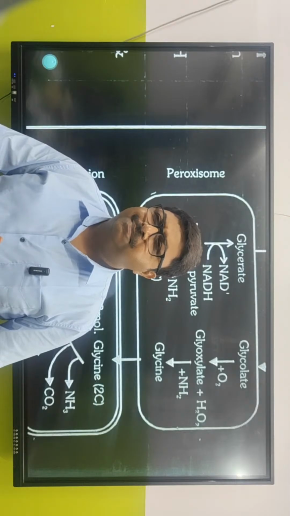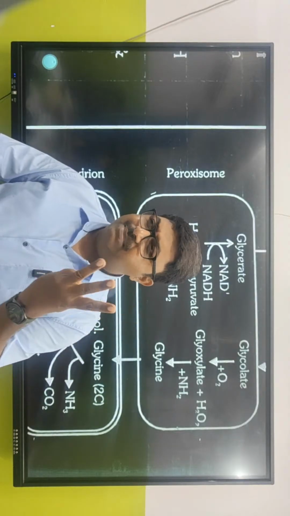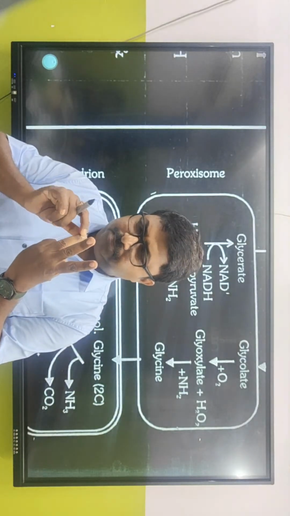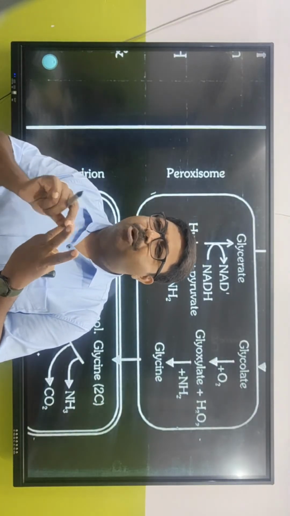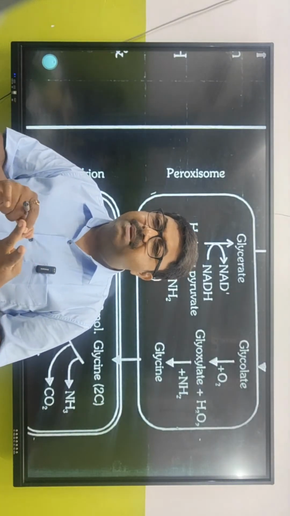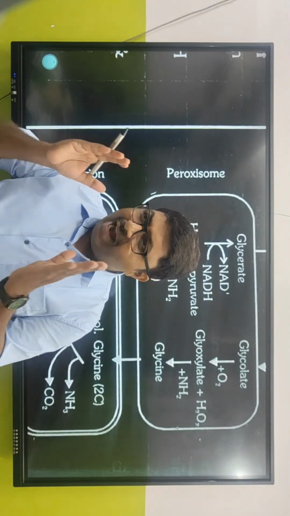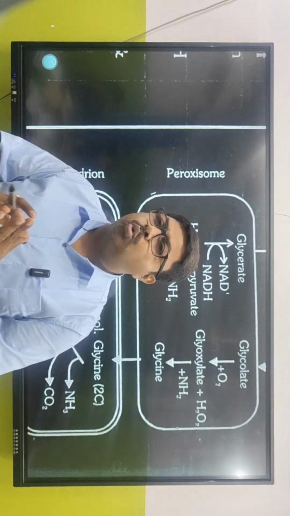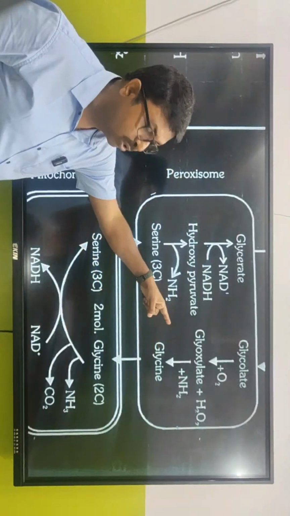Remember, holoenzyme is equal to apoenzyme plus cofactor. Cofactors are of three types: prosthetic group, coenzyme, and metal ion. What is the example of prosthetic group? Heme. Heme is the prosthetic group of hydrogen peroxidase. Hydrogen peroxidase can break down H2O2 into H2O plus O2. That same জিনিসটা উল্টোটা হচ্ছে এখানটায়.